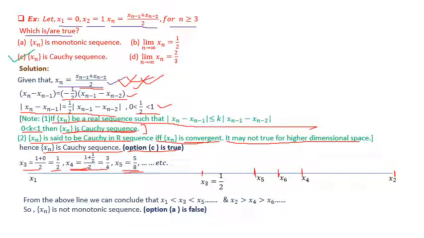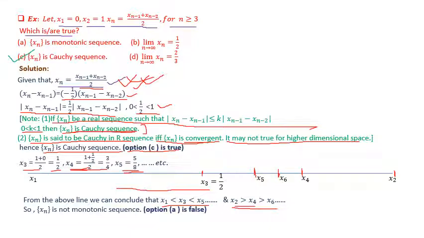Hence from this, we conclude that x1 is less than x3 less than x5, etc., and x2 is greater than x4 greater than x6, etc. Therefore x1 is less than x3, and x2 is greater than x4.